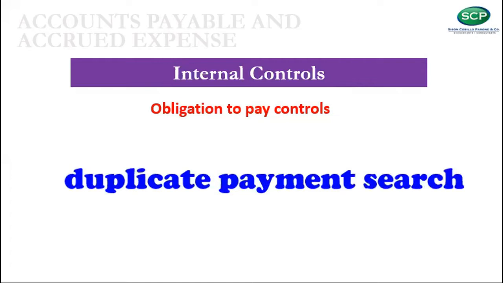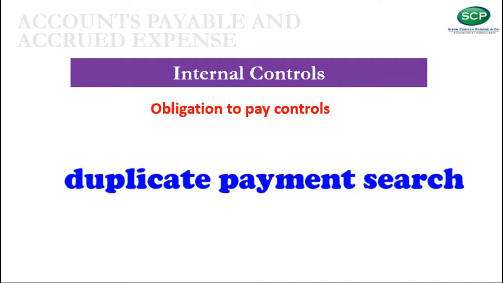Under purchase order approval, all purchases made or to be made by the company should be supported by a duly approved purchase order and purchase requisition form. Under invoice approval, the appropriate officer should authorize the supplier's invoices for payment.